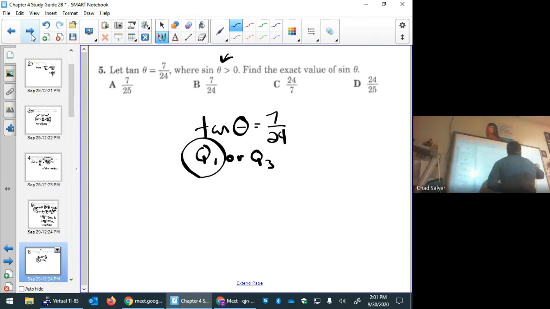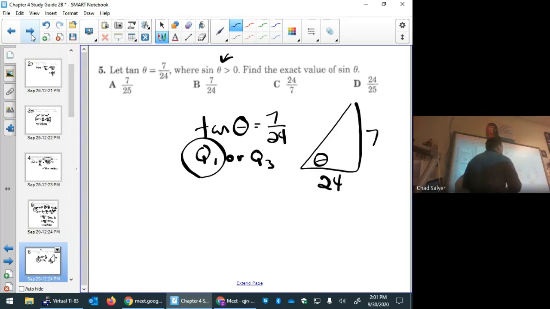So reference triangle time. We've got some angle theta where the ratio of the opposite to the adjacent is 7 to 24. Now we use the Pythagorean Theorem to find that hypotenuse.